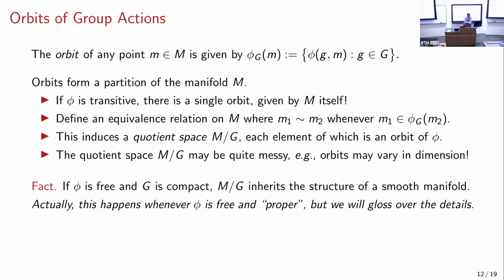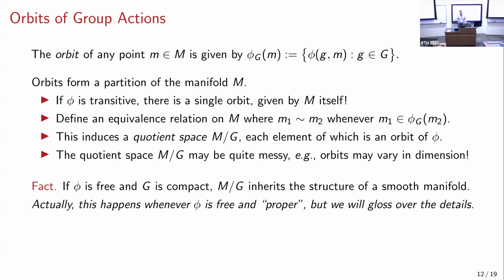If we have these 2 things, we can say that this quotient space has a uniquely defined smooth manifold structure that we can play with. It's a designated smooth manifold structure that's consistent with the smooth manifolds we started with. And actually, this happens in a slightly more general setting where phi is free and proper. So it's not required that G be compact, but we're not going to talk about that today.